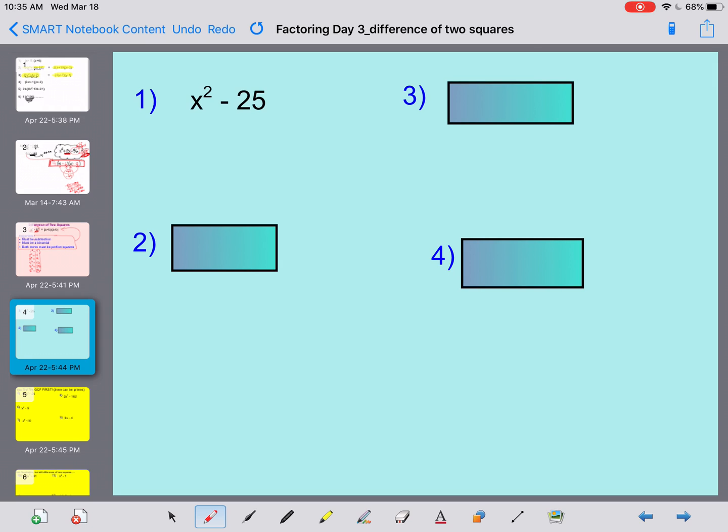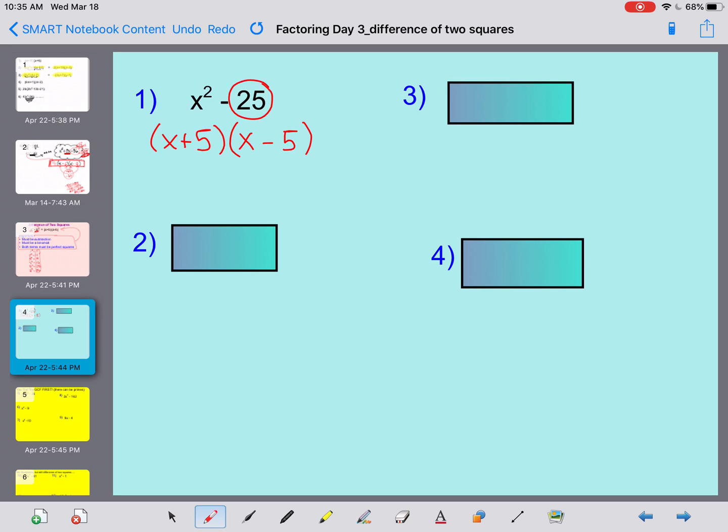So if that happens, what I can do is I can say x and x, right? And then when you're looking at the 25, you're thinking, what's the square root of 25, right? What's the perfect square of 25? And that answer is 5. So it would be 5 and 5, 1 plus and 1 minus, right?